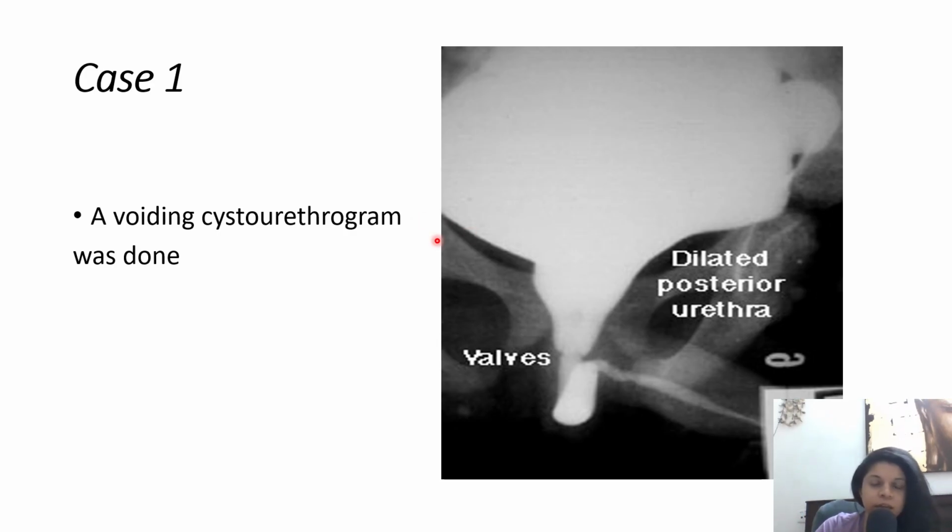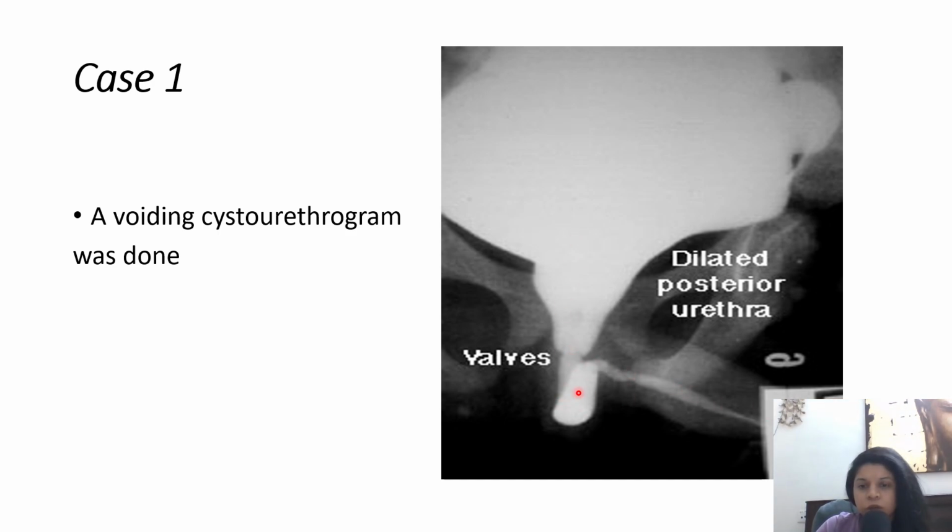To know the exact function of the valves, you need pressure applied to the bladder. Only while the pressure is building can you know if the valve is not functioning, how the urine is passing through the defective wall, and wherever the defects are. So here also we employed micturition cystourethrogram, and you can see the bladder, and here there is a valve, and after that it is very narrow.